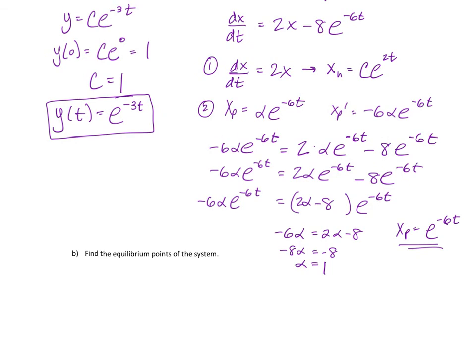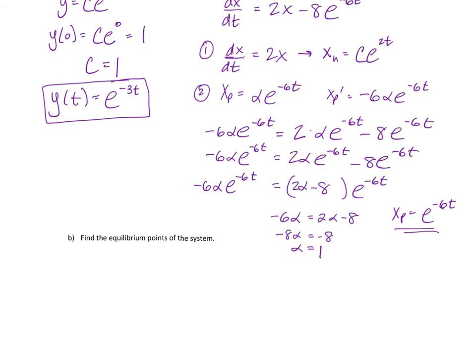So x general would be x homogeneous, which is c e to the 2t, plus x particular, e to the negative 6t. And then I'm supposed to figure out the c value by using the initial condition we were given for x.